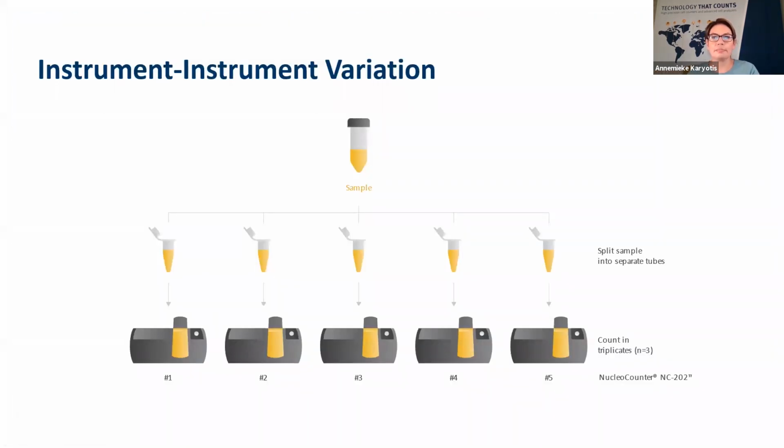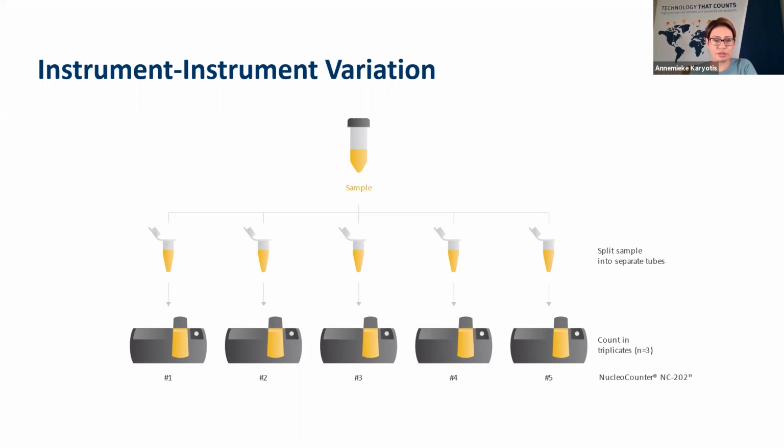The other thing you might look for in terms of testing your cell counting method would be instrument to instrument variation. You might have, for example, 3 different cell counters across a site or even on the other side of the world. The important thing to know is that they all count exactly the same so that you can share protocols.